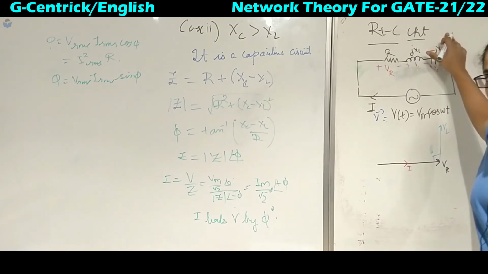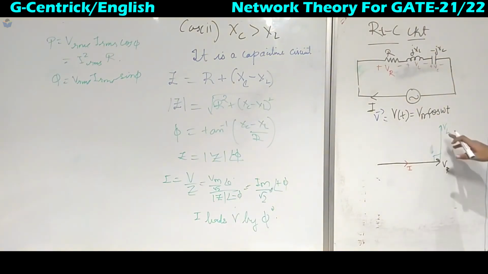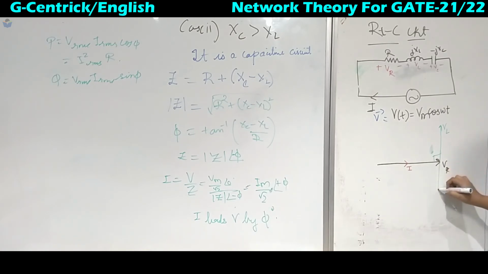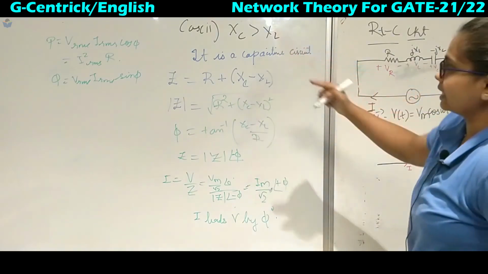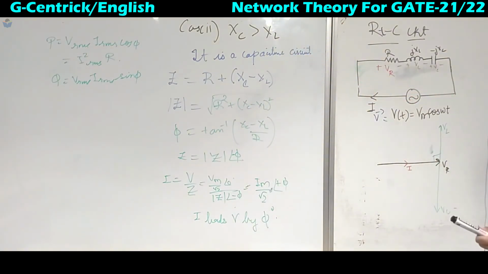Current always leads voltage in a capacitor, so with respect to voltage it will come downwards. So this is Vc. Now we have taken Xc greater than XL, so we will take this VL downwards, which will become negative.